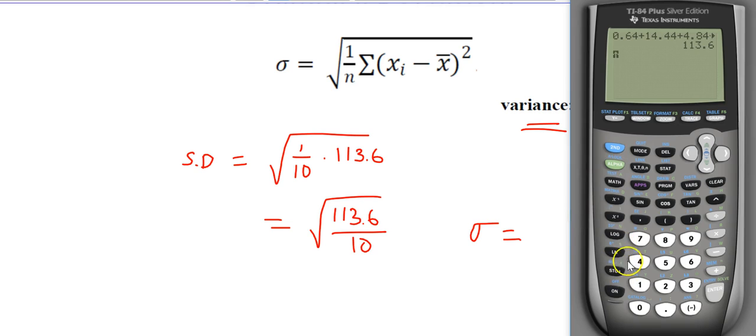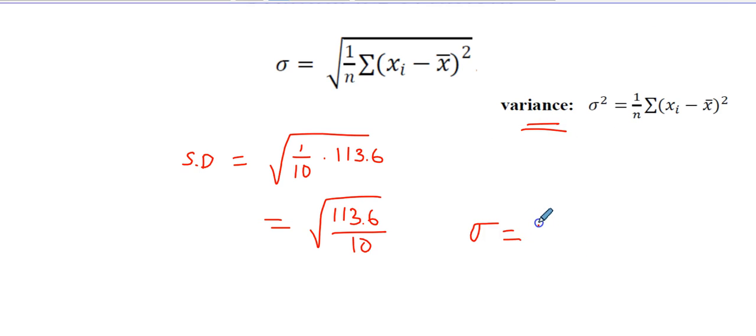Square root of 113.6 divided by 10 is how much? 3.37045, etc. So I'll consider these two digits. My answer is 3.37. That is the standard deviation.